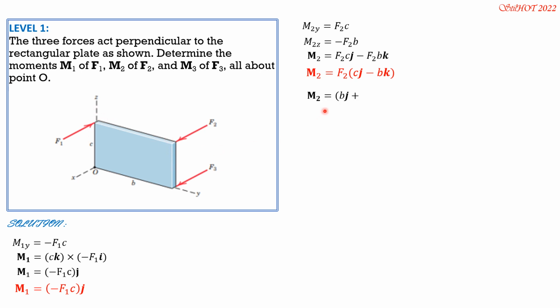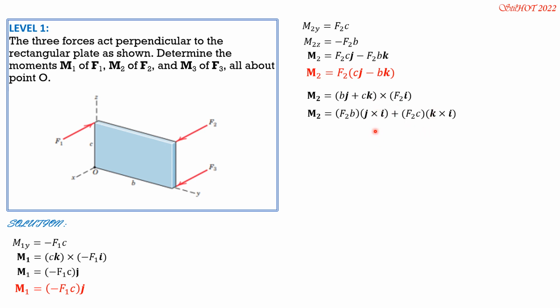So M2 is B j plus C k cross F2 i. So we have F2B j cross i, then F2C k cross i.